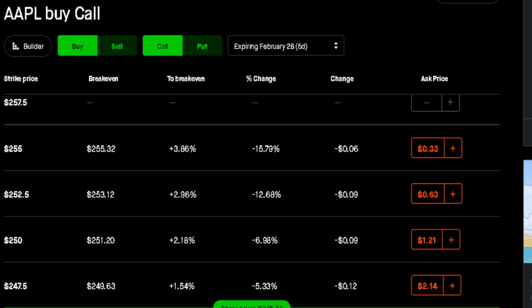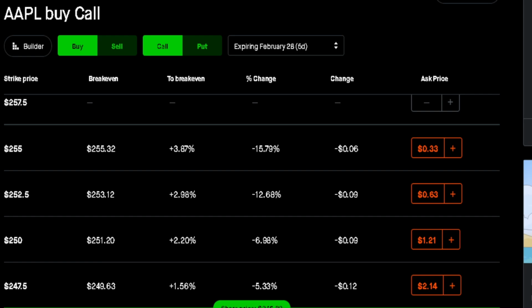You will at some point lose, and you will lose big, because there's an unlimited amount of money you can lose that way. So stick to cash secured puts, covered calls, which I will go into in another video, and just buying options based on if you think the stock will go up or down. But don't do anything with selling naked options.